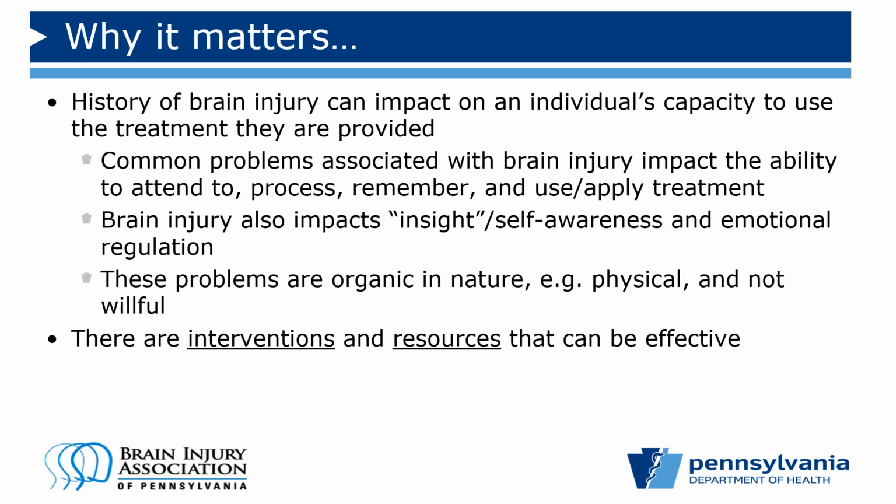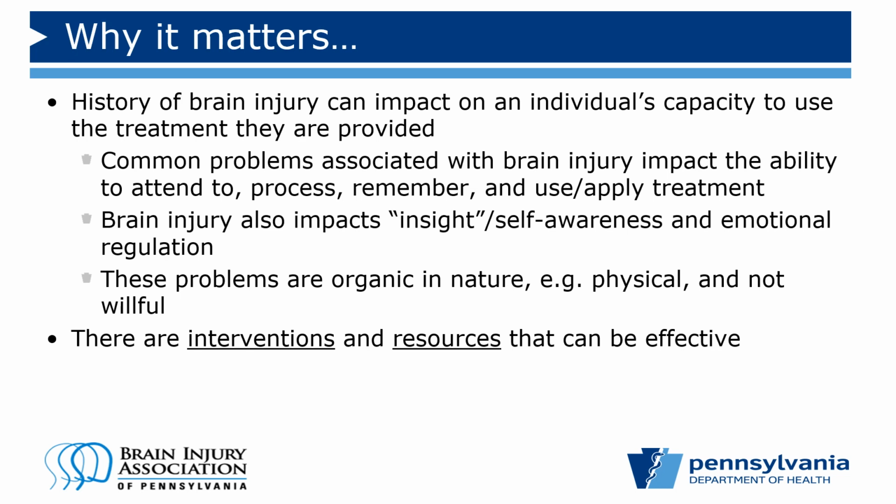Understanding your client's history of potential brain injury is really very important. It's a critical variable when you're doing your treatment planning. Brain injury can impact an individual's capacity to use the treatment that they're provided. We know that the common problems associated with brain injury impact a person's ability to attend, to process, to remember, and to use or apply the treatment that they're given.